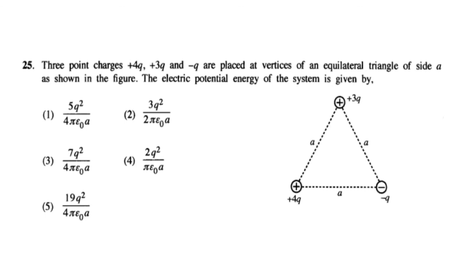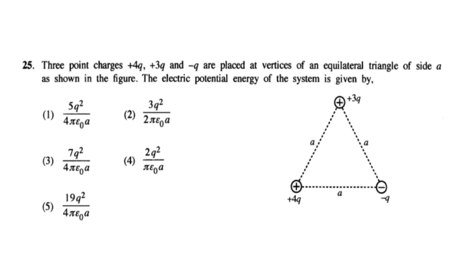Q1 and Q2 are the two charges, and r is the distance between those two charges. So the potential energy can be found by 3Q multiplied by 4Q divided by 4 pi epsilon naught. Distance is A here. So it is 12Q squared divided by 4 pi epsilon naught A.